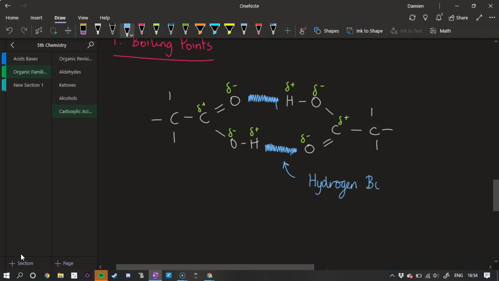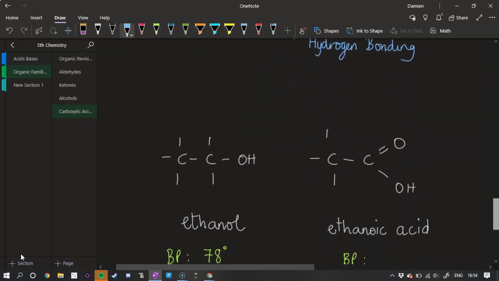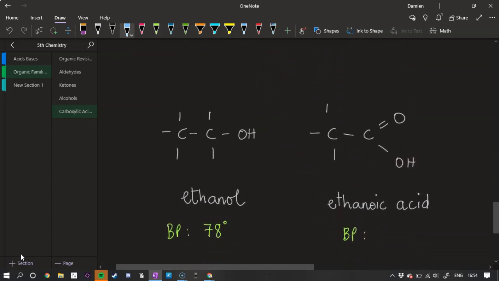It takes a large amount of energy to break a hydrogen bond. To give you an idea, here is ethanol and ethanoic acid. Ethanol has a boiling point of 78 degrees Celsius, and that's due to hydrogen bonding between the ethanol molecules. When the OHs line up against each other, they attract each other, and you've got hydrogen bonds. However, in ethanoic acid, you don't just have the hydrogen bonds with the OH groups, you also have bonding with the carbonyl group.